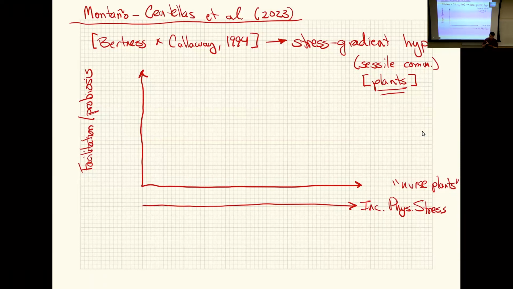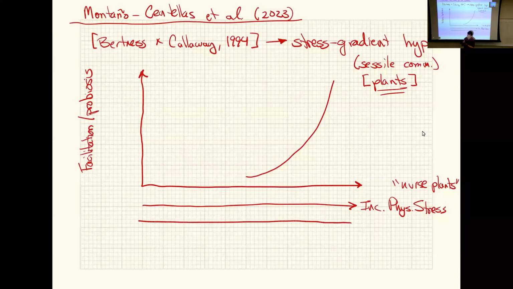So you'd imagine you're going to get some increase in facilitation as physical stress gets large. But in the case of plants, as physical stress goes the other way, you get increased consumer pressure. In other words, as it gets cooler and cooler out, the other animals start eating more of the plants. If you're a palatable plant, you don't want to be out in the middle of nowhere.